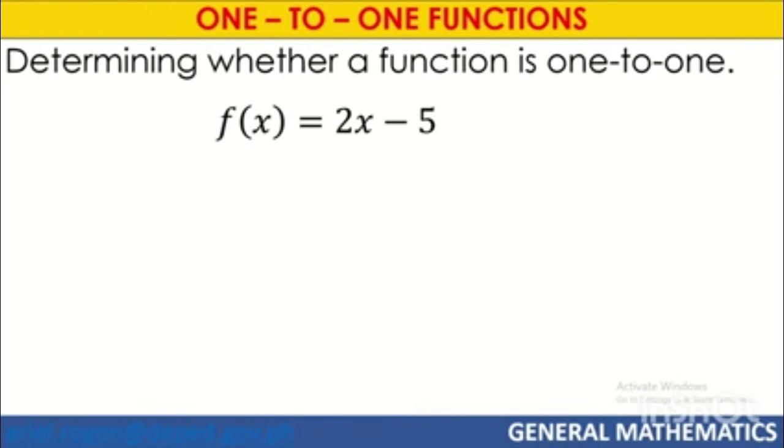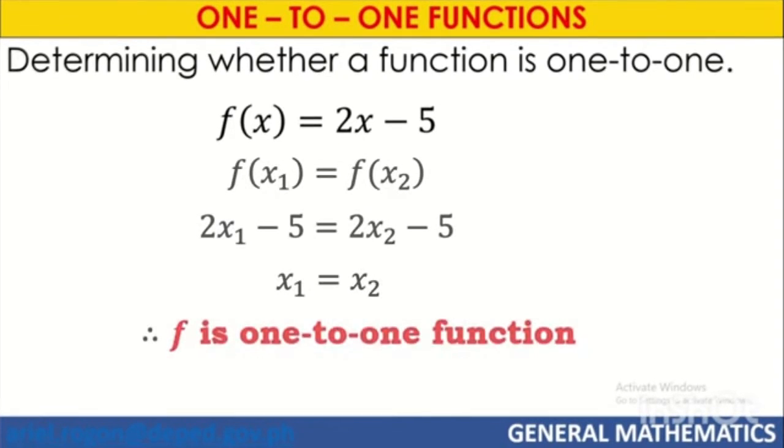Letter C. So f of x equals 2x minus 5. So f of x sub 1 equals f of x sub 2. So 2x sub 1 minus 5 equals 2x sub 2 minus 5. So x sub 1 equals x sub 2.